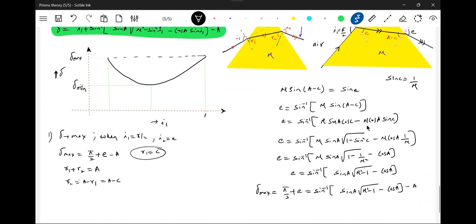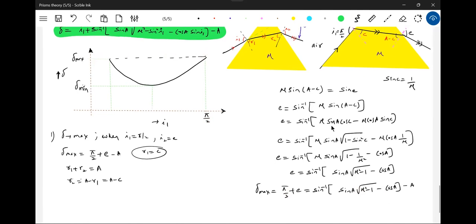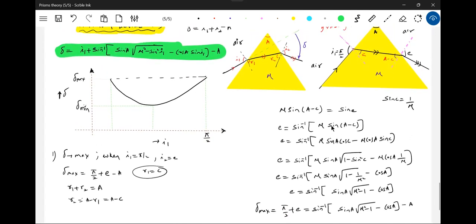When will that occur? At pi by 2, when the angle of incidence is equal to 90 degrees, then the deviation suffered by the ray will be maximum, and how much that maximum deviation is depends on this quantity. So we have just brought an expression here.